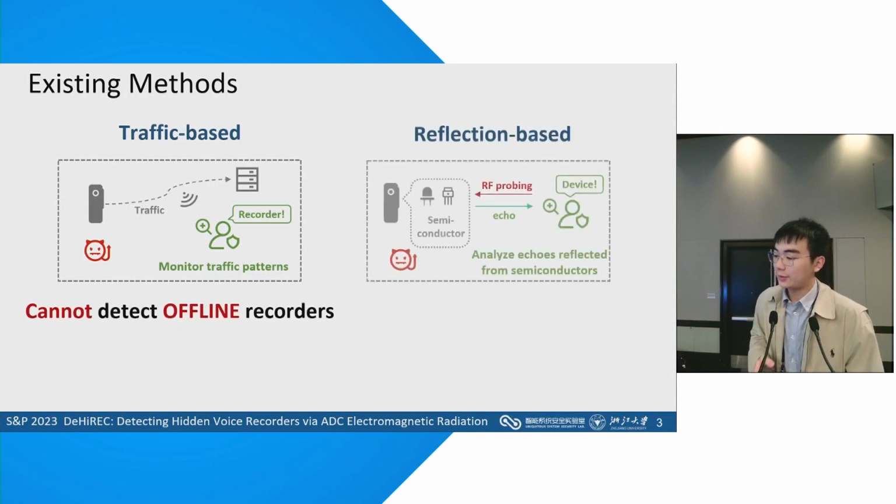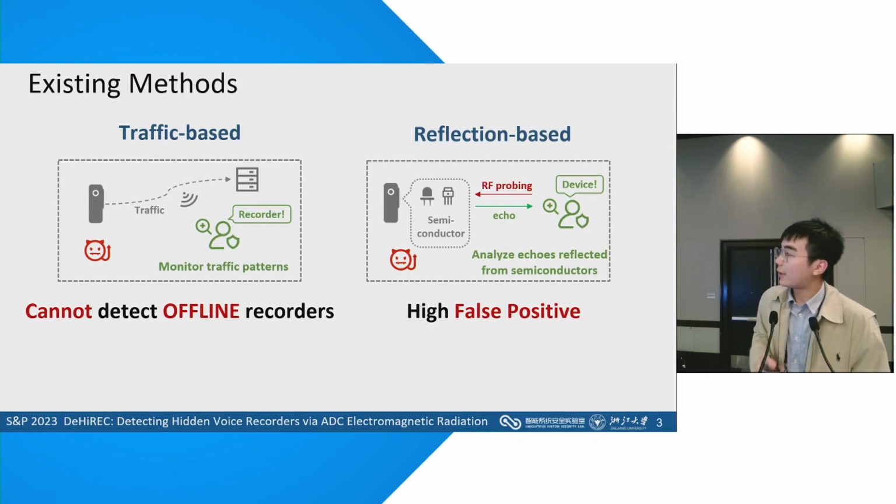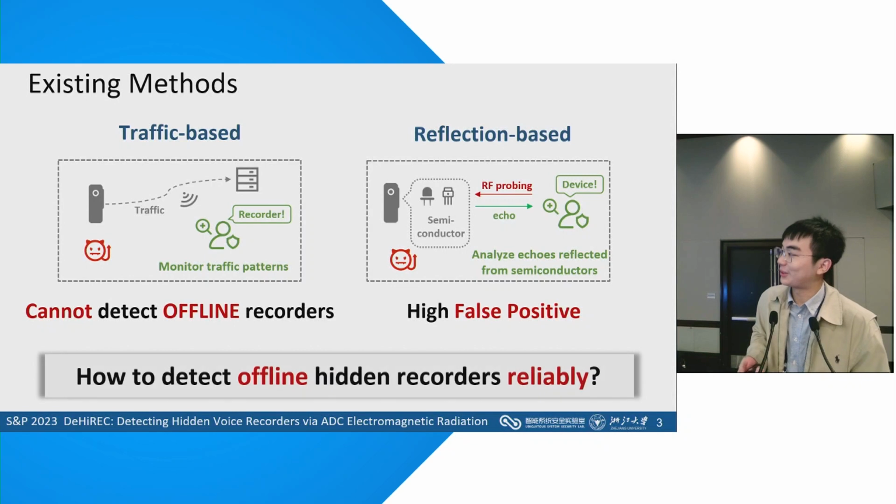The second is reflection-based detection, which uses the nonlinear property of semiconductors inside electronics. However, it fails to confirm or distinguish whether the device is a recorder or another device, which results in a high false positive rate. So here's a further question: how to detect offline hidden recorders reliably?